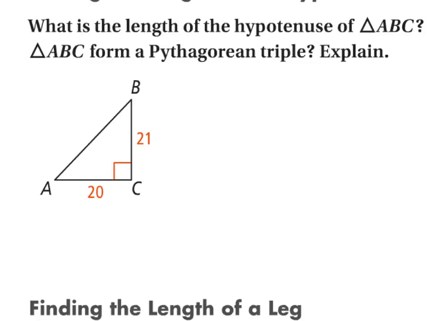And so therefore, those must be the legs of our right triangle. So I'm going to write down the Pythagorean theorem. A squared plus b squared equals c squared. And A and B are supposed to be the legs. So does it matter which A or B I plug in 20? No. I can plug 20 in for A or 20 in for B. Doesn't matter.